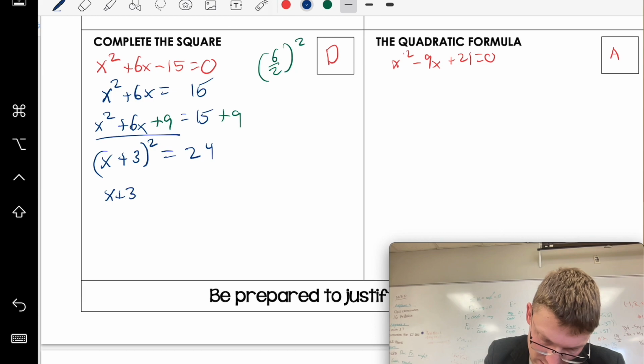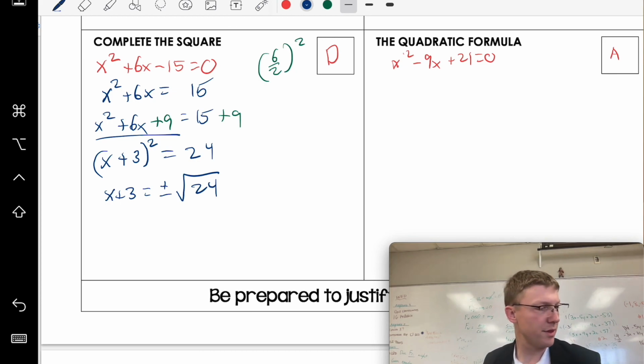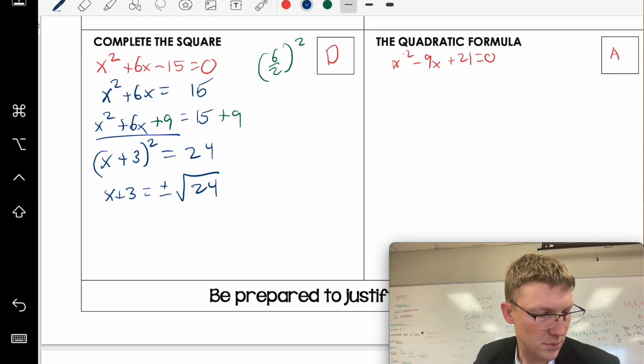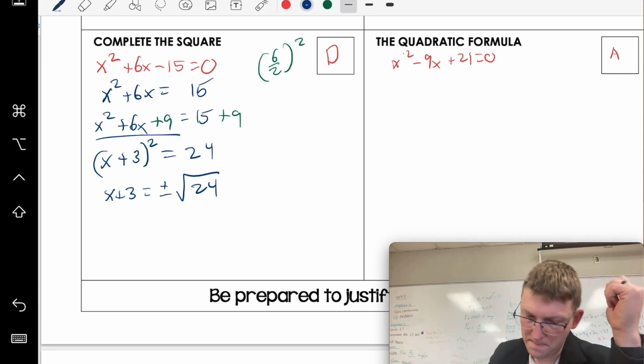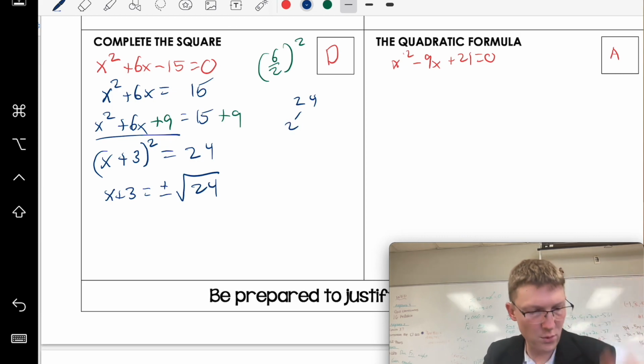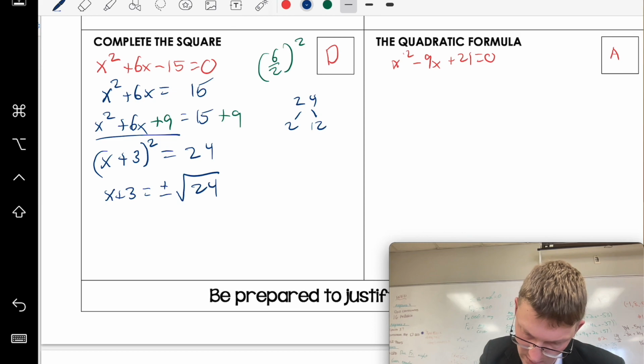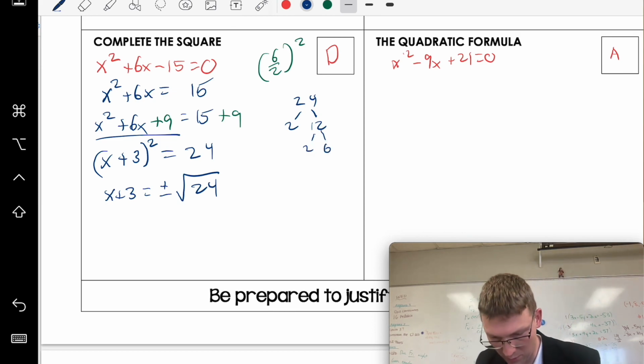X plus 3 equals plus or minus square root of 24. Does that equal a thing? Don't think so. It does not. So I'm going to make my little factor tree of 24 just to see what I can pull out of it. 2 times 6, and then I don't think I can pull anything else out of 6.